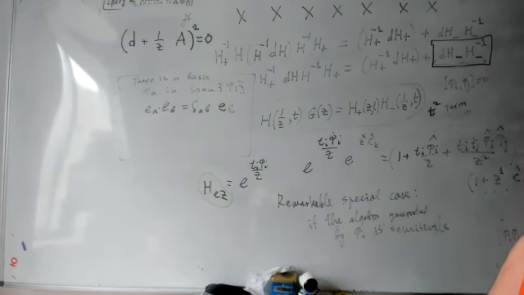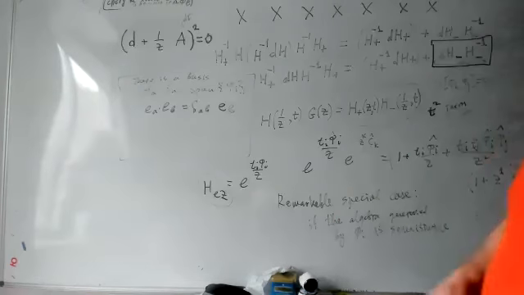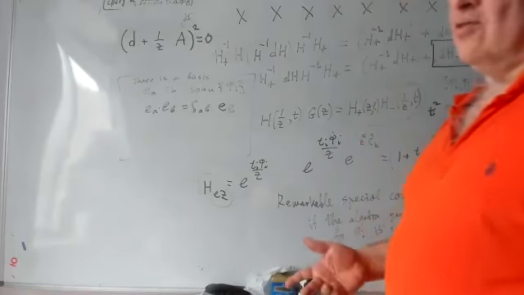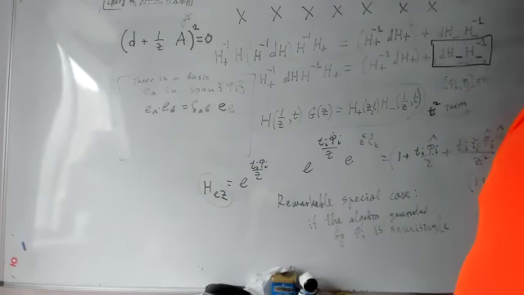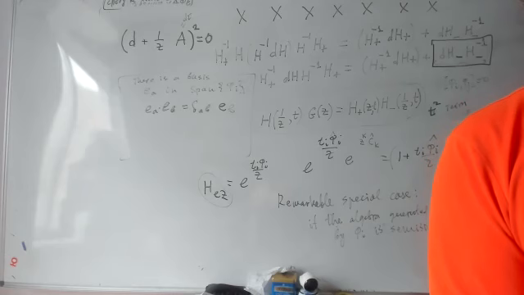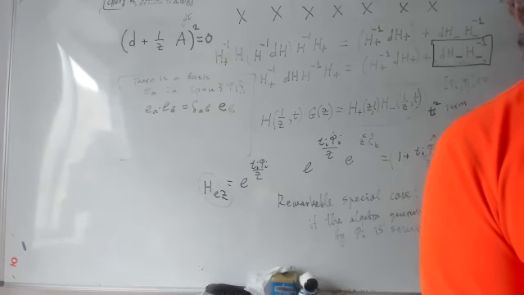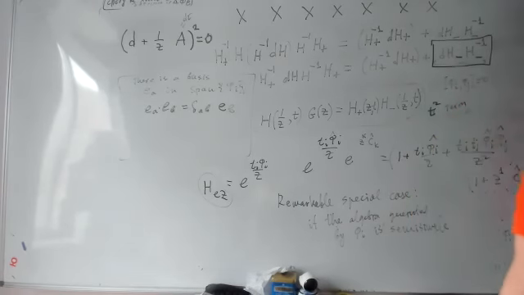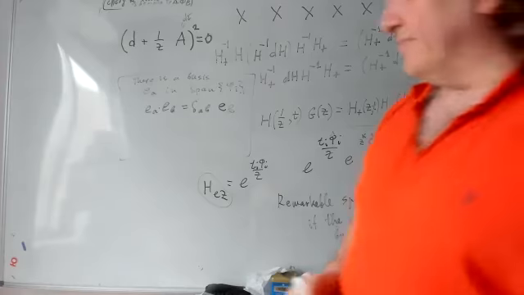Okay, so just imagine that you have two types of generators. You call one generator positive, and you call the other generator negative, in the Lie algebra.